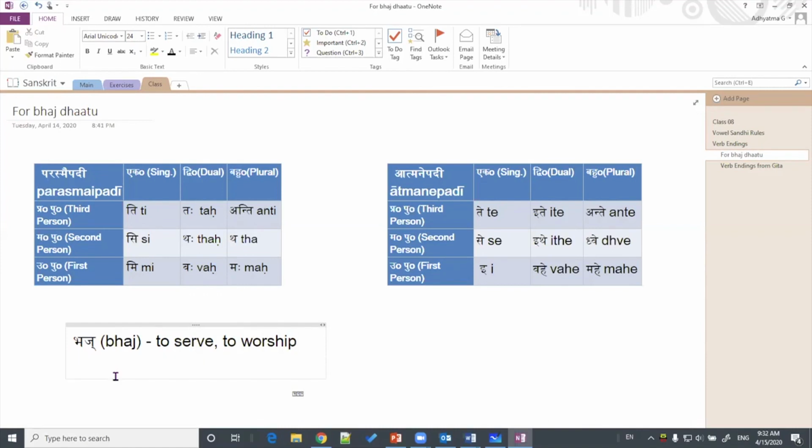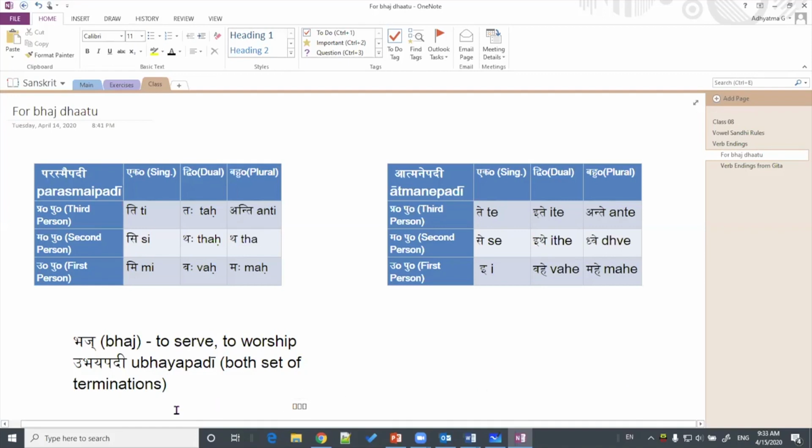And it is an ubhayapadi dhatu. Ubhayapadi means it will take both sets of terminations. That's what Ubhayapadi means.